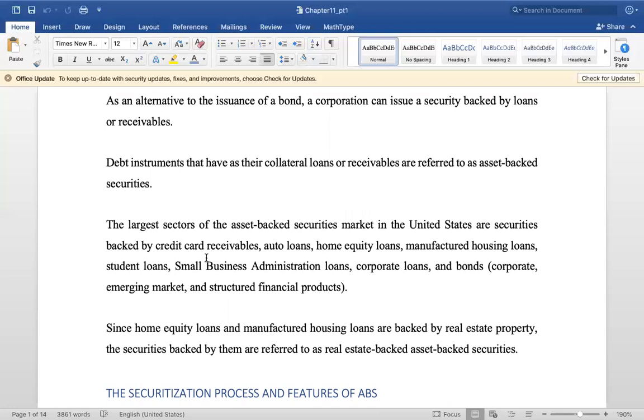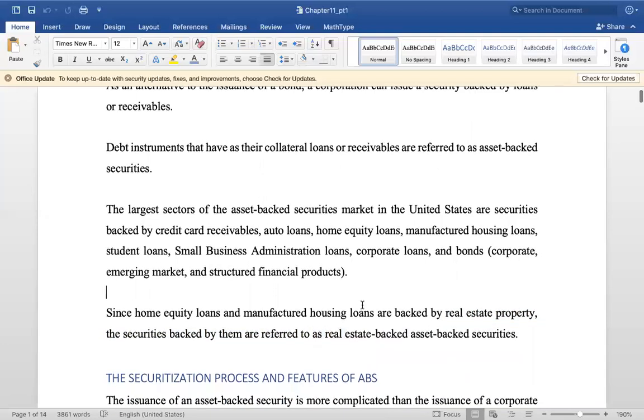We will discuss each of these in this chapter. Since home equity loans and manufactured housing loans are backed by real estate property, the securities backed by them are referred to as real estate-backed asset-backed securities.